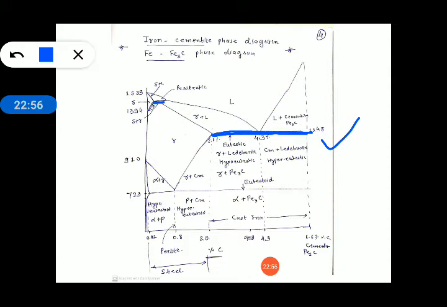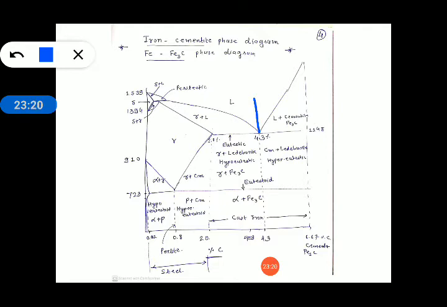Here, when the liquid cools below this temperature, it will transform into austenite, that is gamma, plus Fe3C.